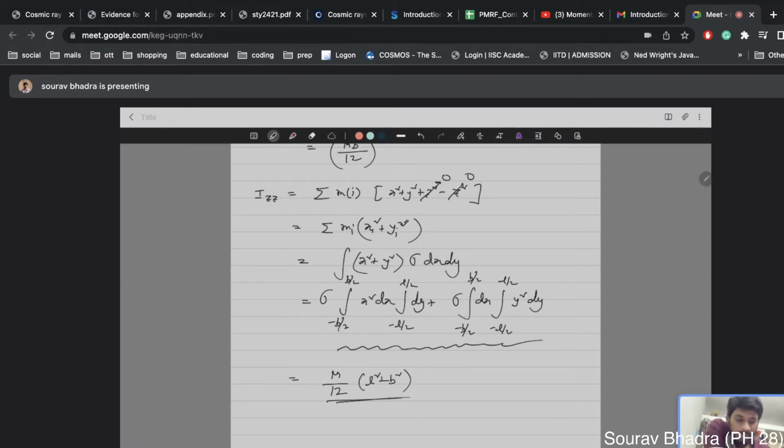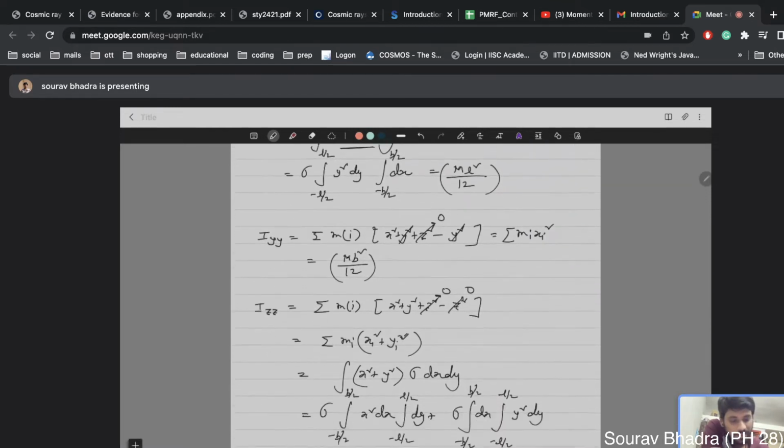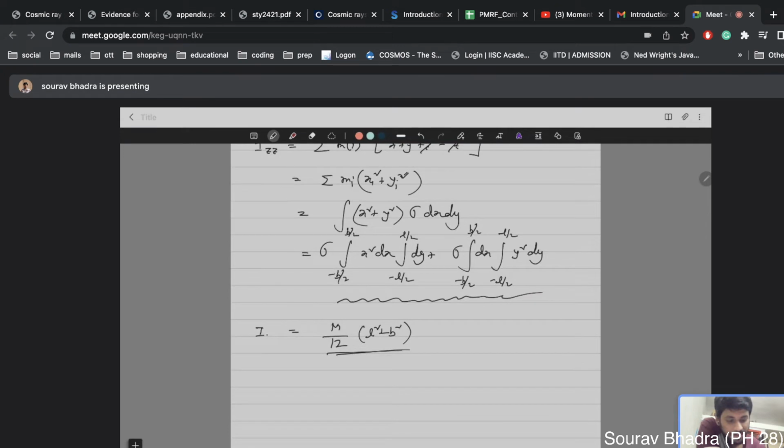So some interesting thing you can see from these three results. This is your Izz, Ixx we calculated as m by 12 L square, Iyy as m by 12 b square, right? So you can say that my Izz is actually Ixx plus Iyy.